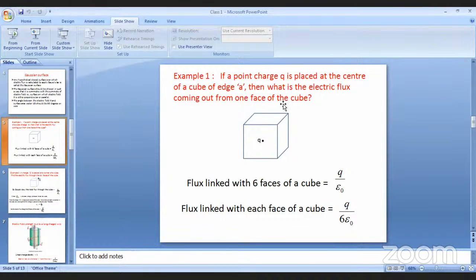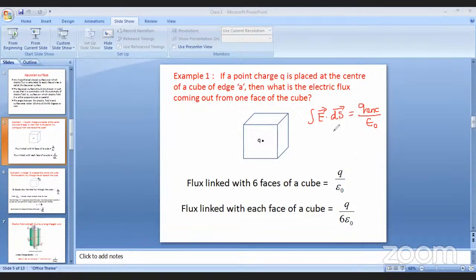As per Gauss law, the total flux is given by the integral of E dot ds, which is equal to q enclosed divided by epsilon 0.